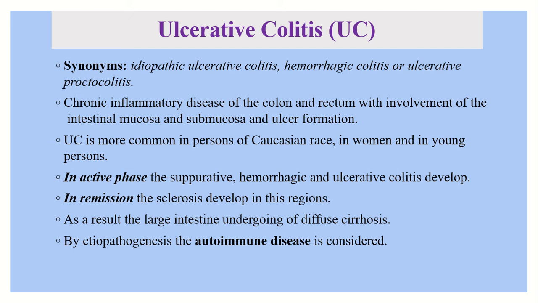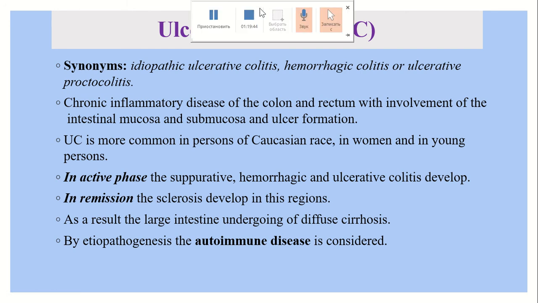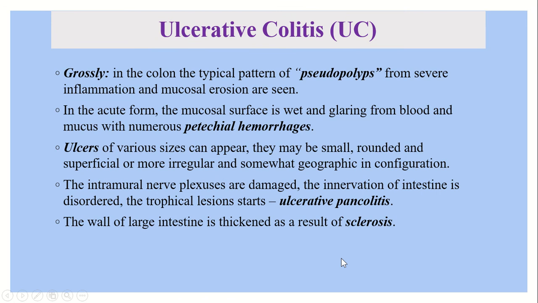Ulcerative colitis is more common in persons of Caucasian race, in women and young persons. In the active phase, suppurative, hemorrhagic and ulcerative colitis develops, but in remission, sclerosis develops in this region. As a result, the large intestine undergoes diffuse cirrhosis. Ulcerative colitis is considered an autoimmune disease.